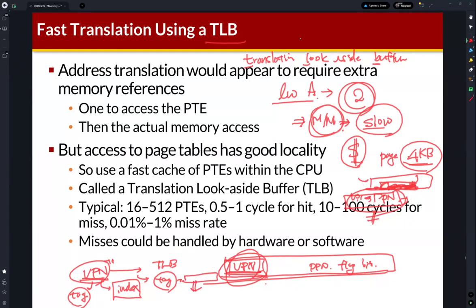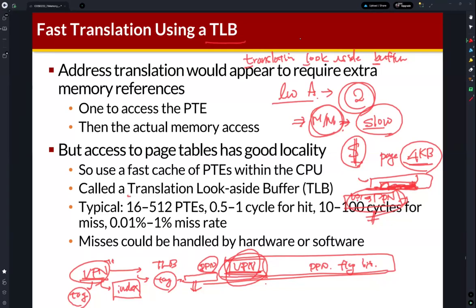This data is the entry of the page table, and this entry includes the flag bits and the PPN, the physical page number. So do you understand? We can utilize the TLB to reduce the performance overhead caused by the page table, right?